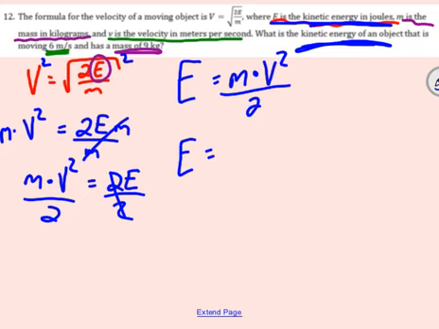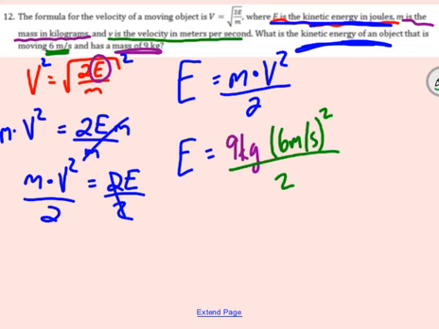So now I'd sub in what I know. The mass is 9 kilograms. The velocity is 6 meters per second, squared, and that needs to be divided by 2. What I'd probably get in my calculator is I'd do 9 times 36.